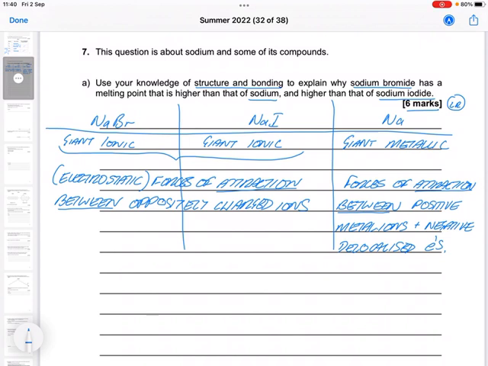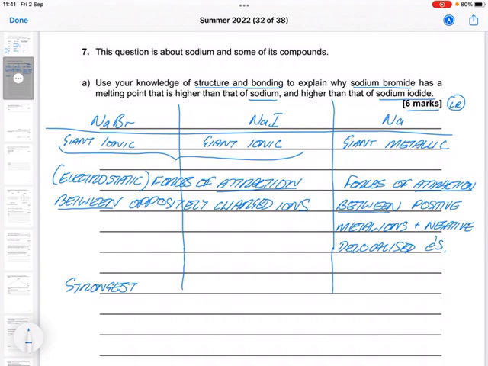I just need to do a comparison now between each of these. So sodium bromide has a melting point that is higher than that of sodium and higher than that of sodium iodide. So sodium iodide then, let's just do a comparison here. So strongest, now this is ionic, which means that the sodium iodide is probably going to be stronger than the metallic as well.